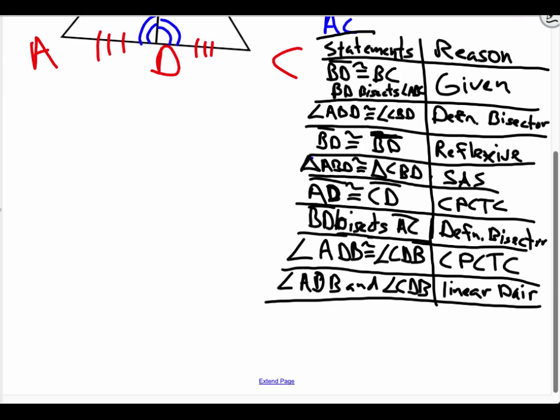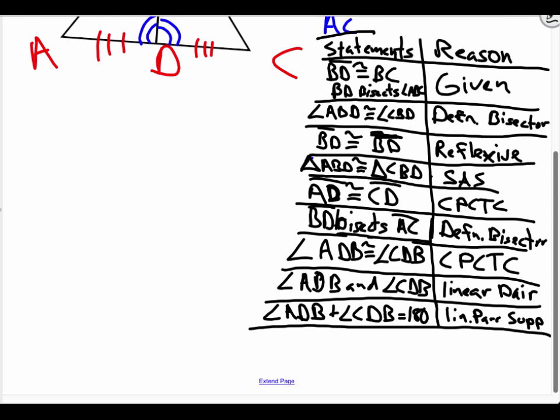And what we know about linear pairs is that angle ADB plus angle CDB have to add up to 180 because linear pairs are supplementary. Okay? Well, since they equal the same thing, I could say that ADB plus CDB is the same as saying ADB plus ADB is equal to 180. Okay?